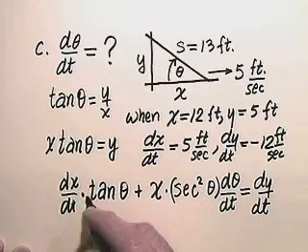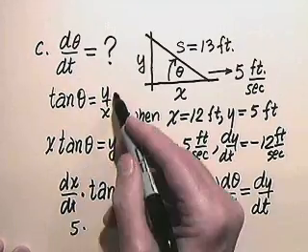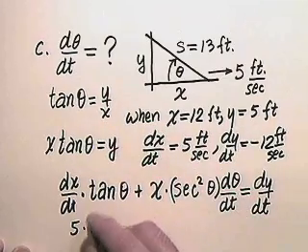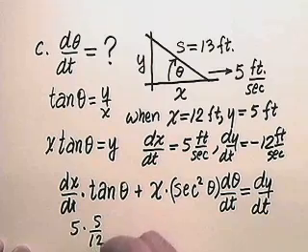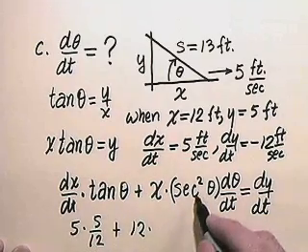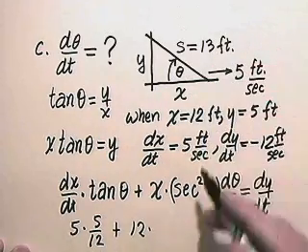So for instance, dx/dt is 5. The tangent of theta, remember, is y over x. Y is 5 and x is 12, so that's 5 divided by 12. Secant of theta, remember, is s over x, so that's 13/12.